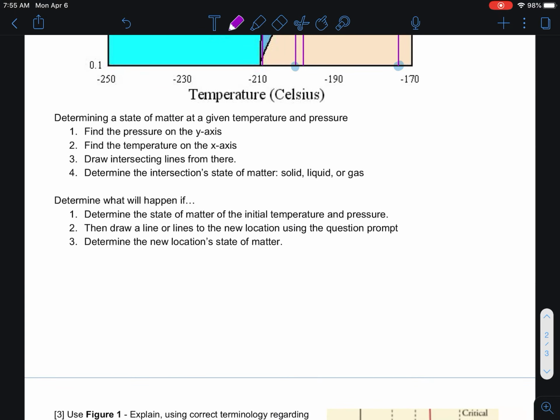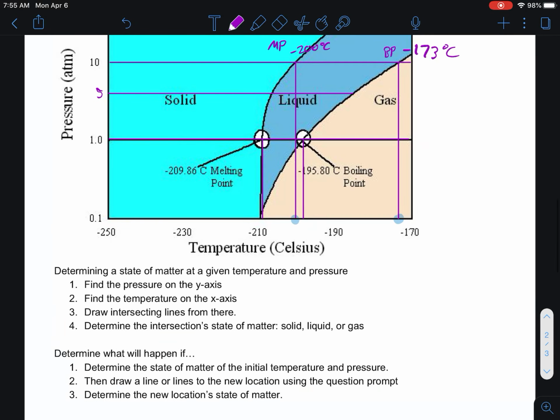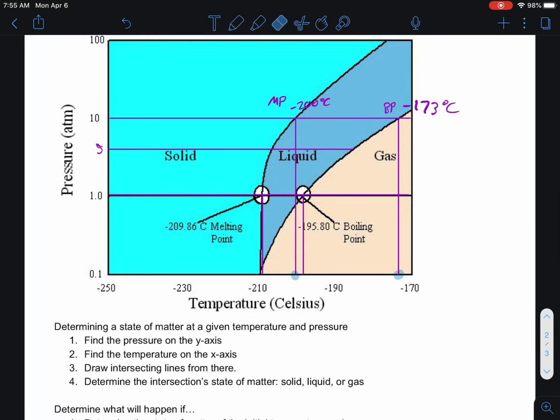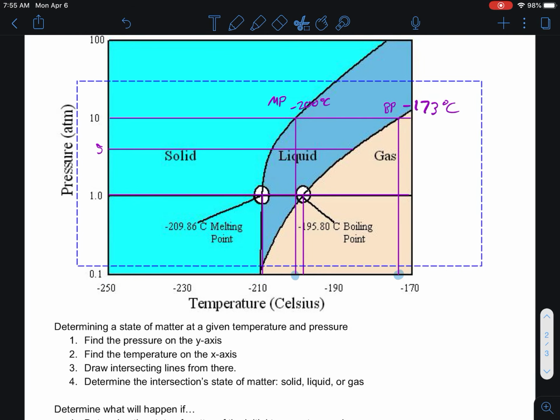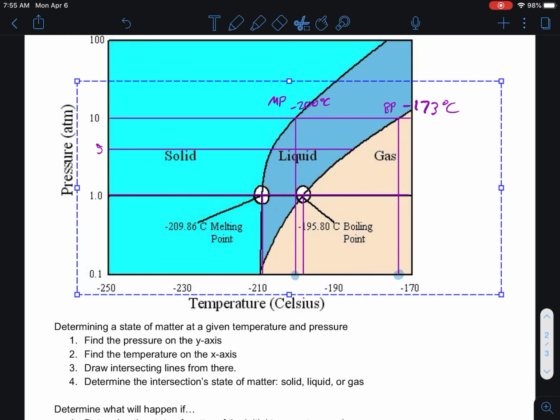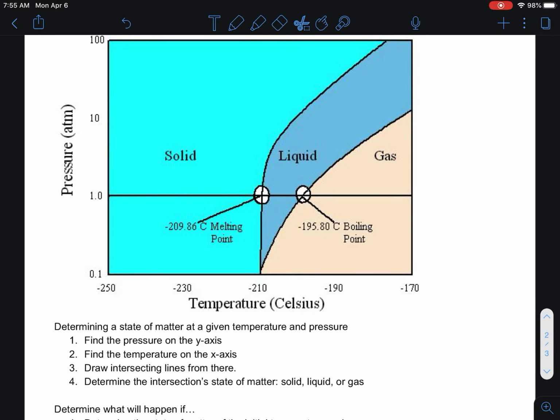Determining the state of matter at a given temperature and pressure. So, what is the state of matter? Let me erase all the work that I've got on here. So, state of matter at a given temperature and pressure. Find the pressure on the y-axis, find the temperature on the x-axis. Draw intersecting lines. All right, so what if the question said, what is the state of matter at 10 atmospheres of pressure and negative 230?